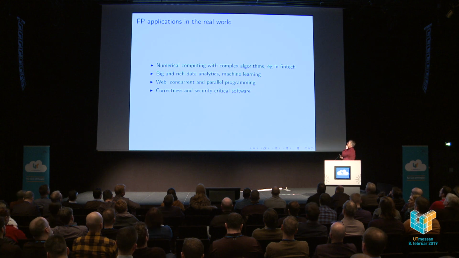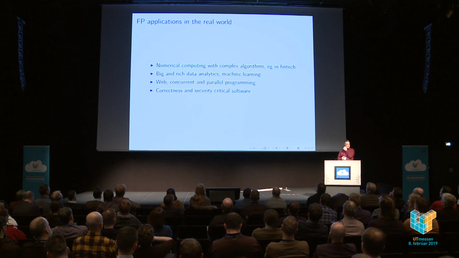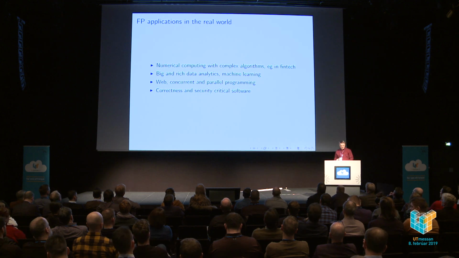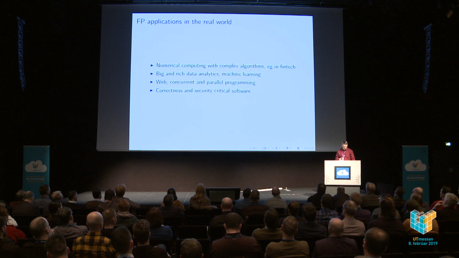Applications in the real world: numerical computing with complex algorithms like fintech, like machine learning, big data, working with rich data, web, concurrent and parallel programming. There are very nice abstractions to actually tame the complexity in concurrent programming. And also security, critical, and correctness, which maybe is relevant for blockchains.